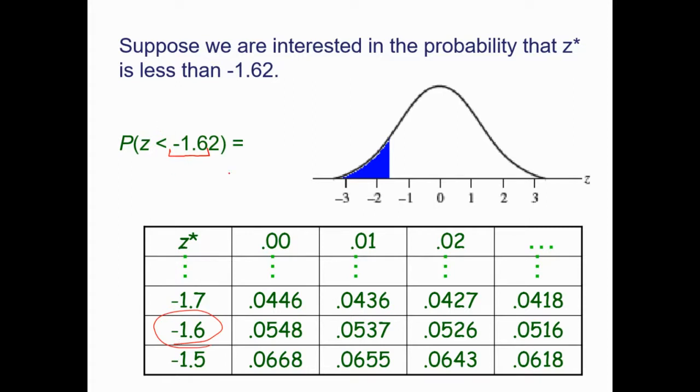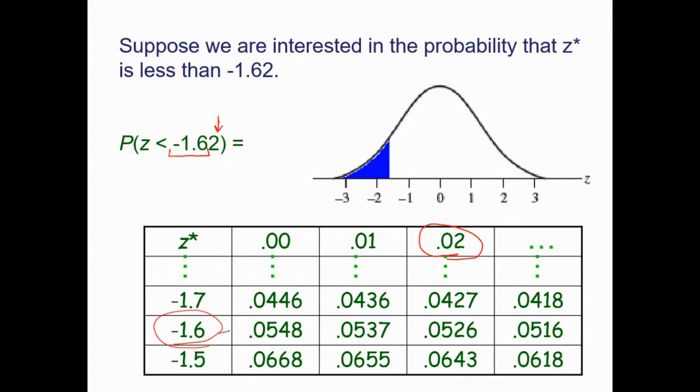Then I look along the top row for my last number right here, a 2. So I go to 0.02, two hundredths. I'm going to look in that column. Now I have my row and my column.